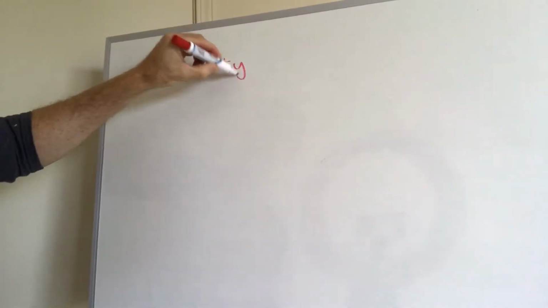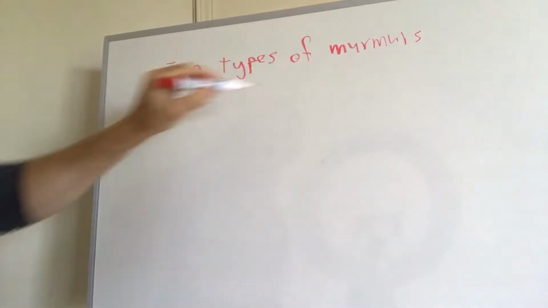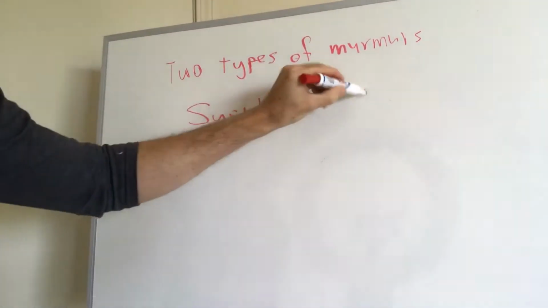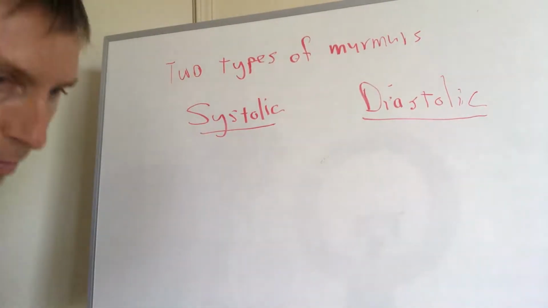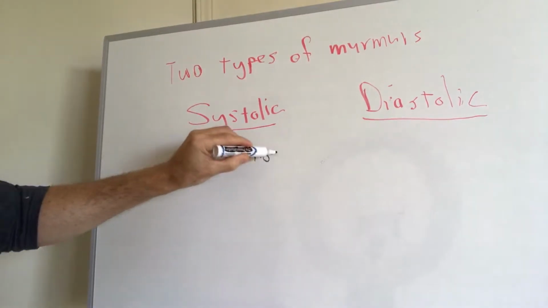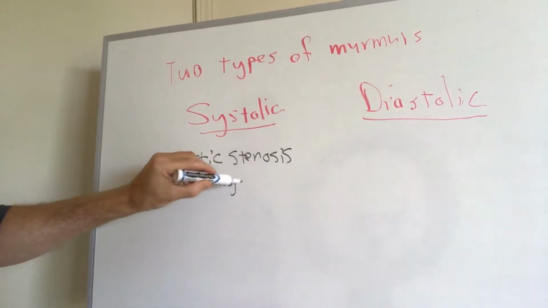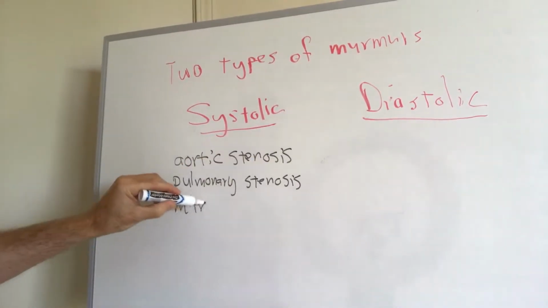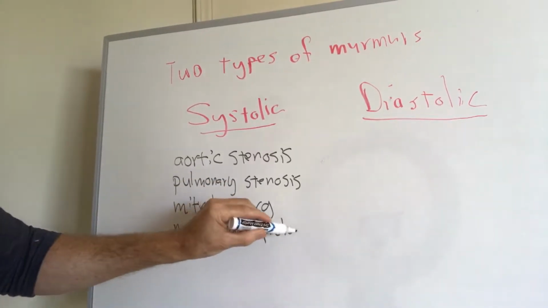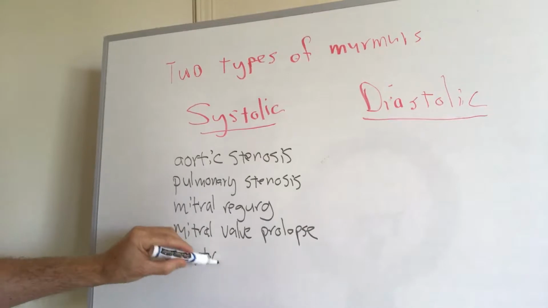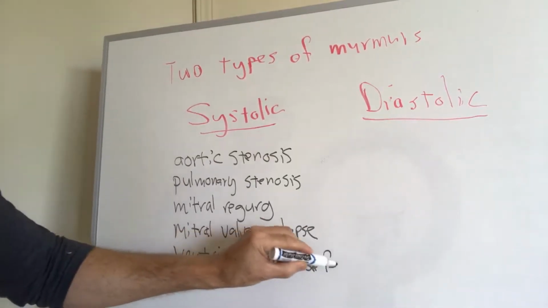The types of murmurs can be divided into 2 categories, the systolic and the diastolic. The systolic murmurs, there are 6 main types: the aortic stenosis, pulmonary stenosis, mitral regurg, mitral valve prolapse, ventricular septal defect, and hypertrophic cardiomyopathy.